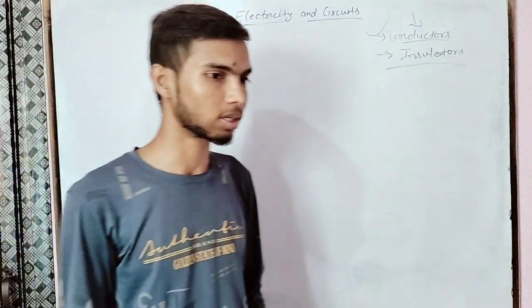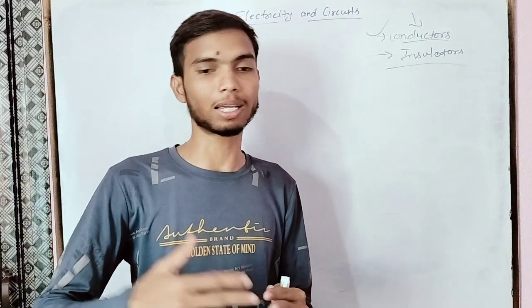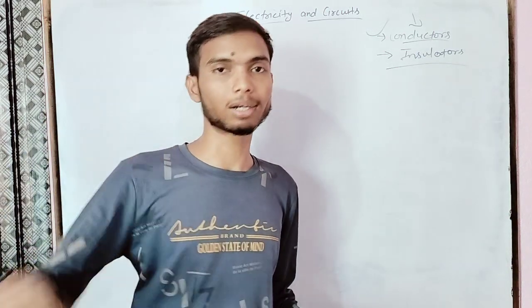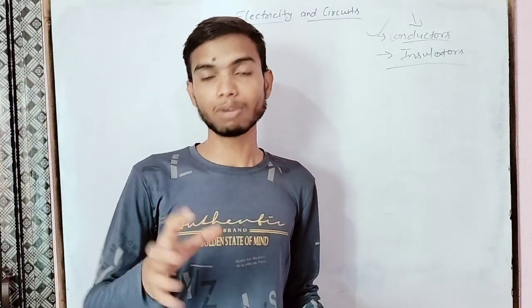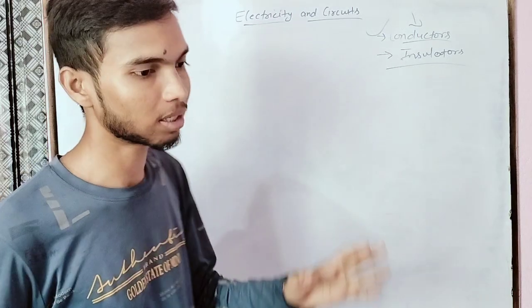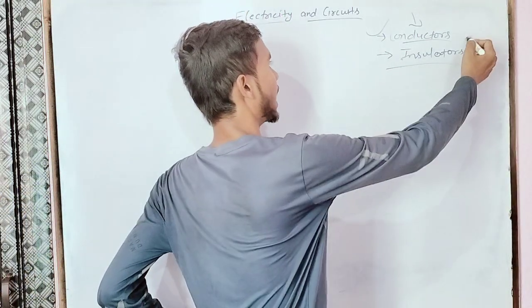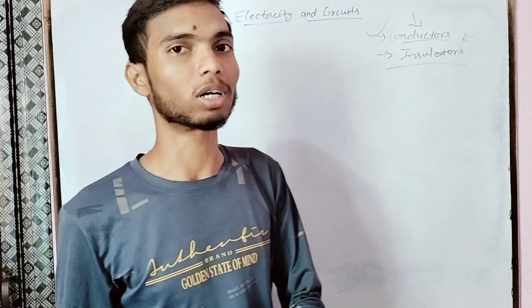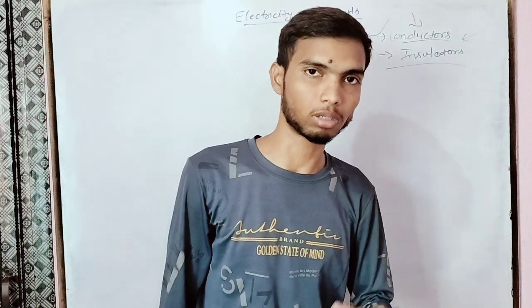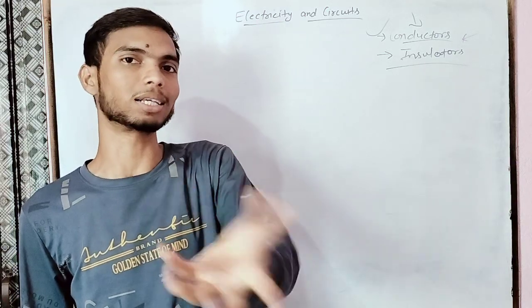But conductors are those materials where, if we apply electricity on the conductor material, there will be an impact on it. That's why we say conductor materials will conduct electricity. And you will observe the uses of both conductor and insulator materials in making an electric circuit.